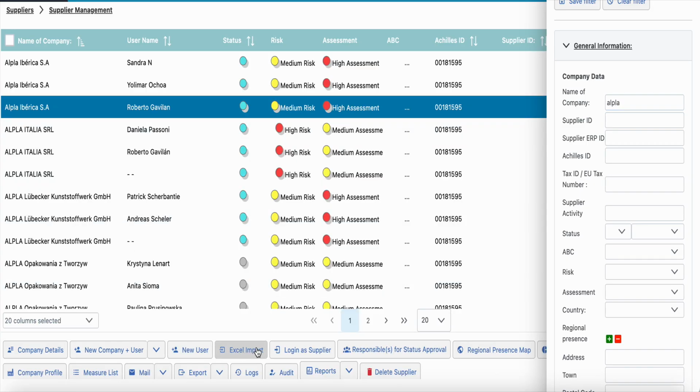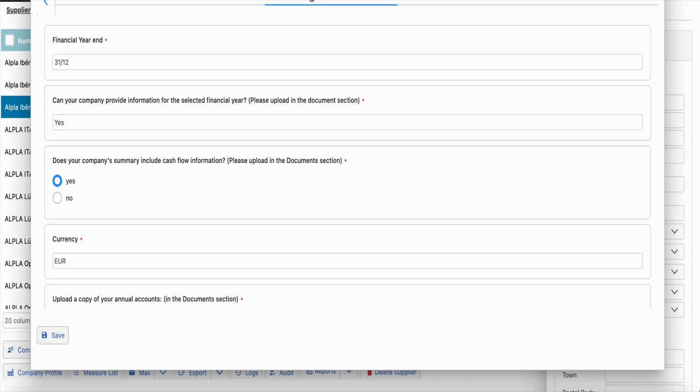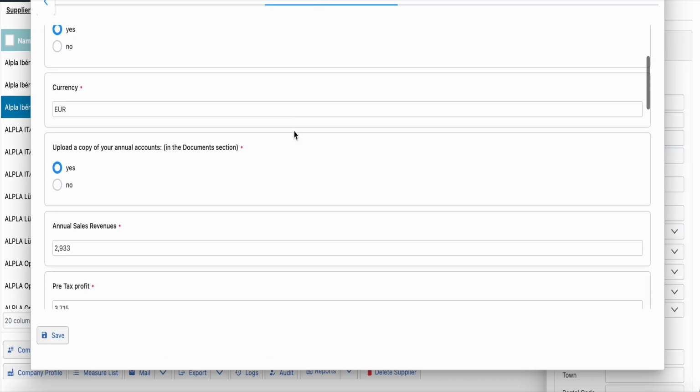If we're now going into the supplier, we are tracking all the main important financial information year by year. And this is quite important because we can see how things develop.